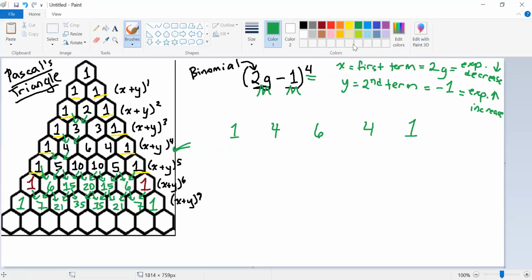So if I rewrite this, first it's x to the fourth, then x to the third, x to the second, and then x to the first. I'm not going to write the 1 over there, I'm just going to leave it blank, but we can't go over the 1, so we're going to stop right there. Now we go into the second term. It's going to start right behind x to the third.